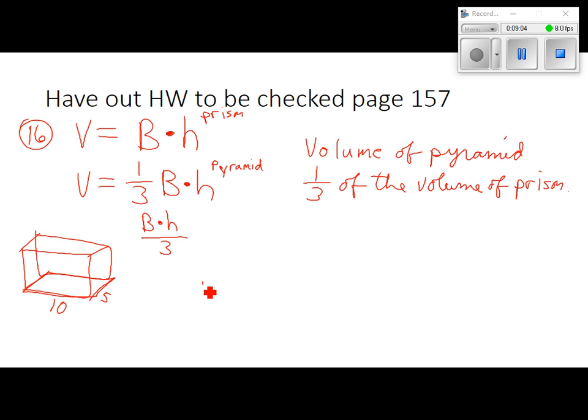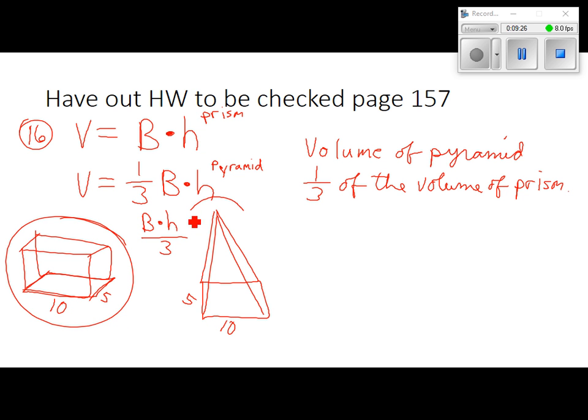Then I have some pyramid, and this base down here is 10 by 5. And their heights were the same if I would have drawn them a little better. Then we know that this volume is 3 times as much as that volume. Or vice versa, this volume is 1/3 as much as that one.